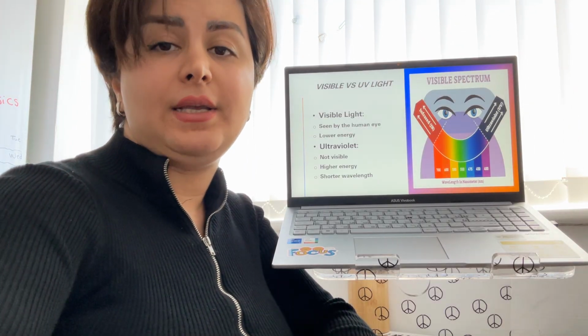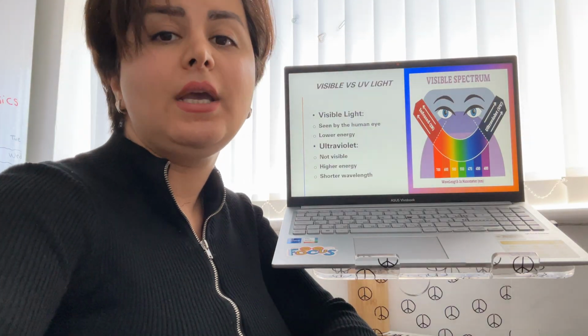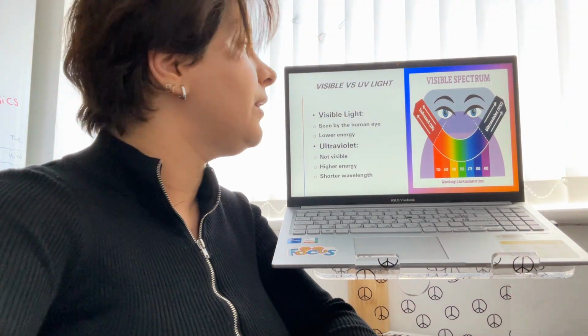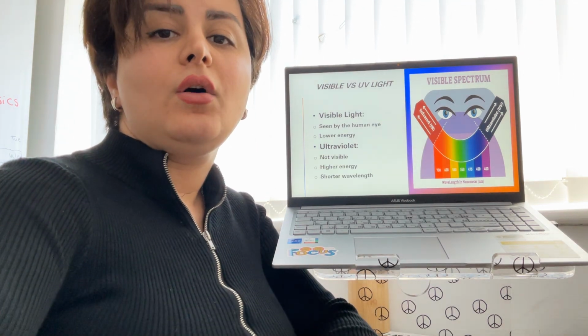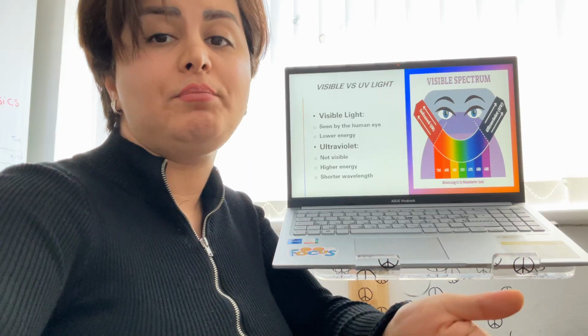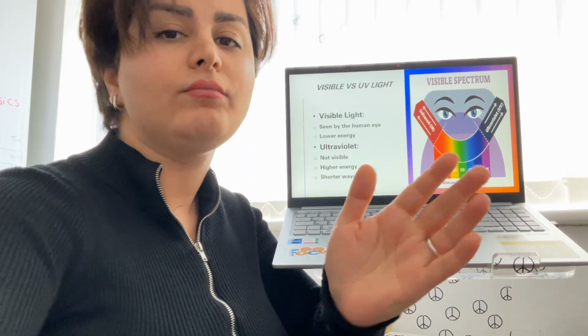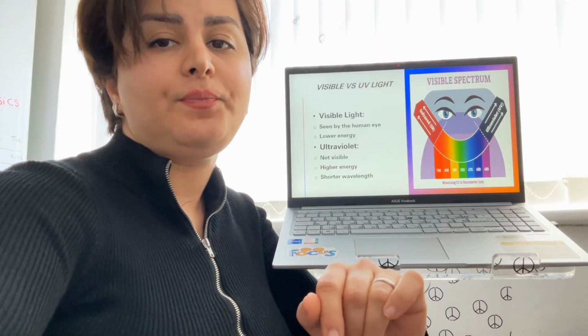The key difference between visible and ultraviolet light is their energy and their wavelength. So, visible light can be detected by the human eye, while ultraviolet cannot.